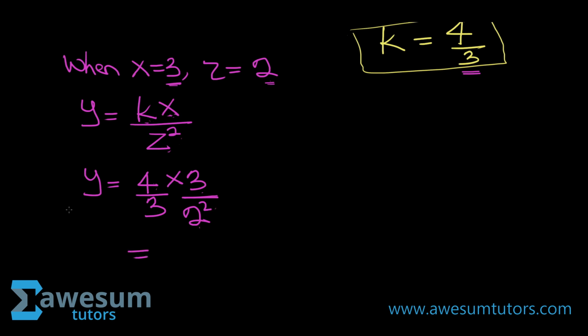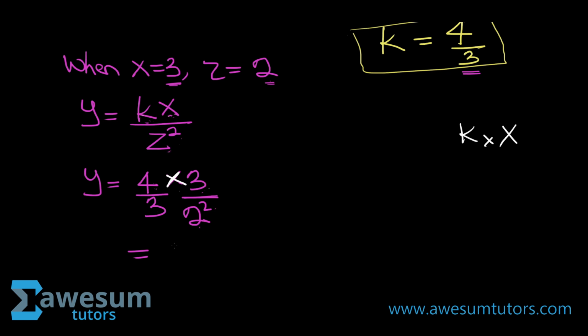Just for you not to be confused, I will change this to a different color. This is times. Take note, it is not the same thing as this x right here, because this is kx, and kx means k times x. That is why we said k is 4 over 3 times x equals 3, over z squared, which is 2 squared.